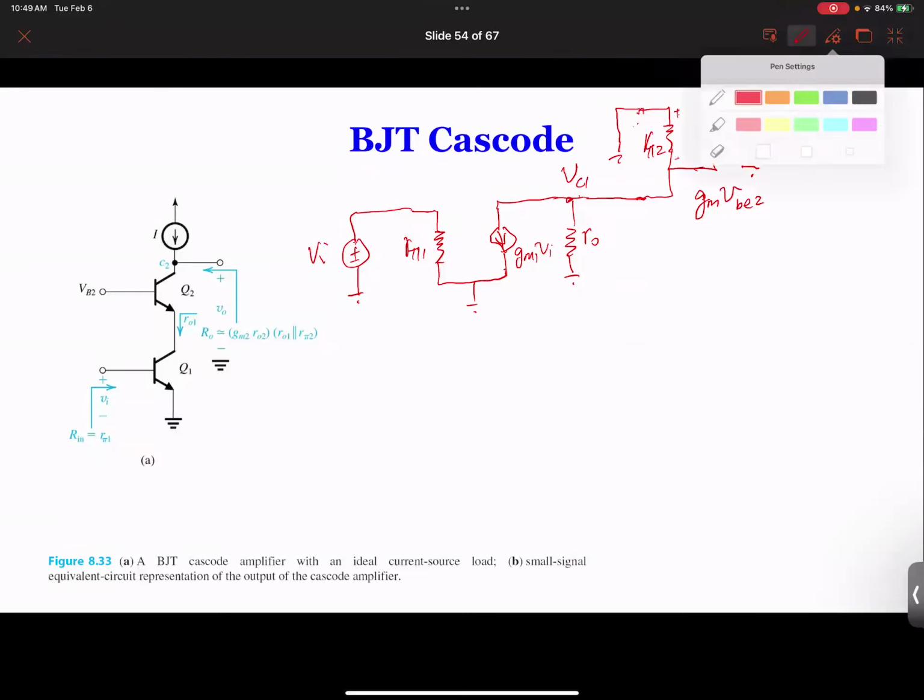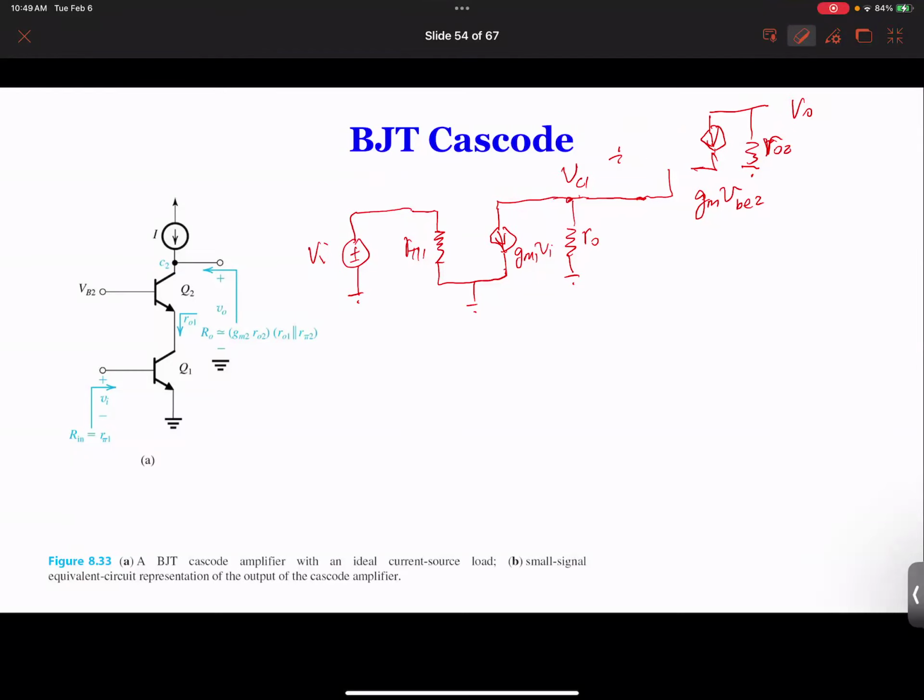Maybe it's better to do it this way, make it a little bigger so that it's easier to see. So this is B, this is R pi 2, and the most important thing is to calculate VBE2.